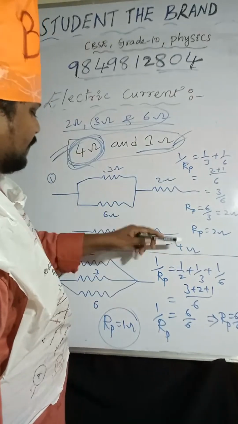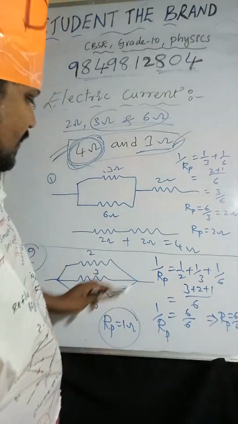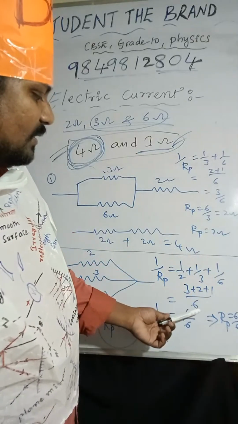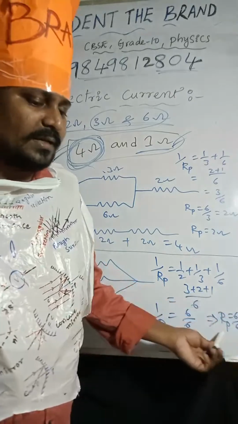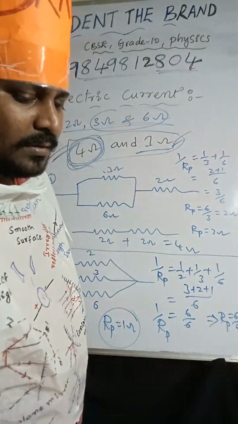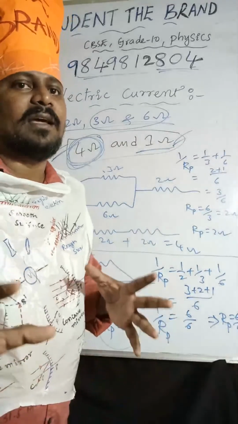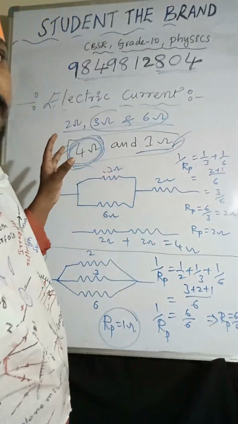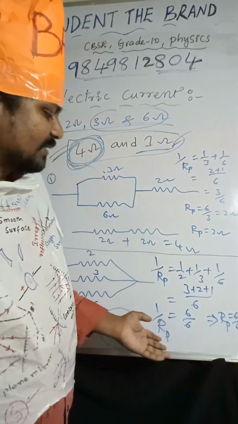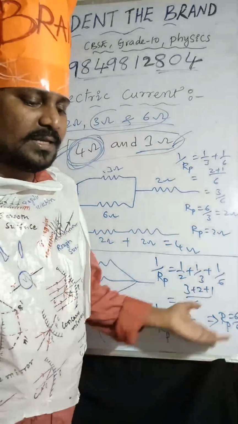So 2 plus 2, 4. Then 2, 3, 6: 1 by 2 plus 1 by 3 plus 1 by 6, 3, 2, 1, 6 by 6. You will get the answer. Okay, so I hope it is very clear. So this is the answer. Done. Now we'll go to the next one. Rp equal to 6 by 6, we'll get the one answer.